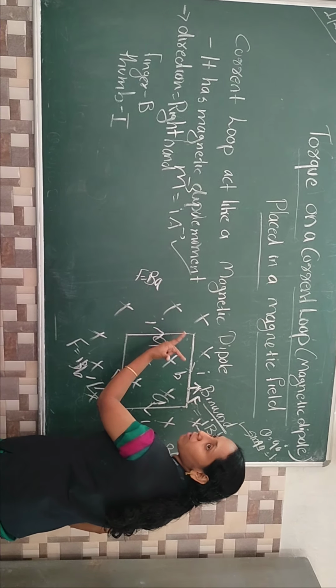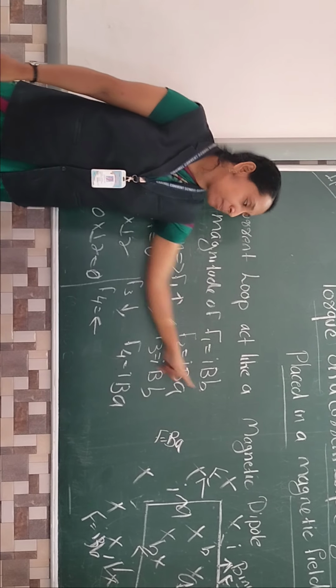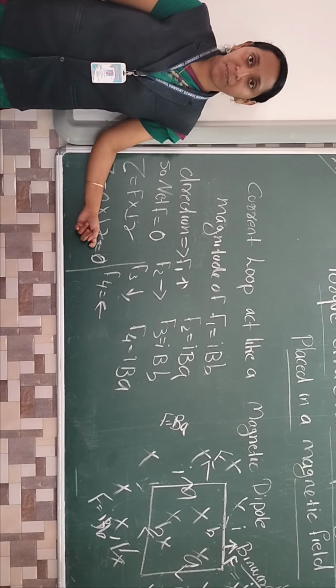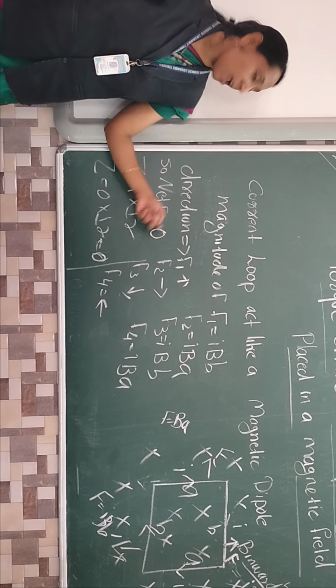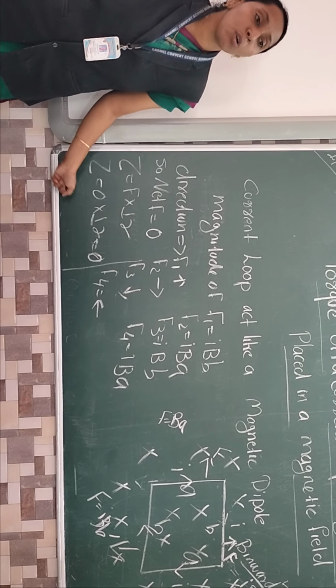Force is experienced on the first side, that is F1, magnitude IDB, F2 IBA, magnitude of F3 IDB, magnitude of F4 IBA. So only the magnitude is this. What is the direction? Upward towards right, downward towards left. So they cancel each other. Total force equals zero. Total force is zero means torque also comes to zero.